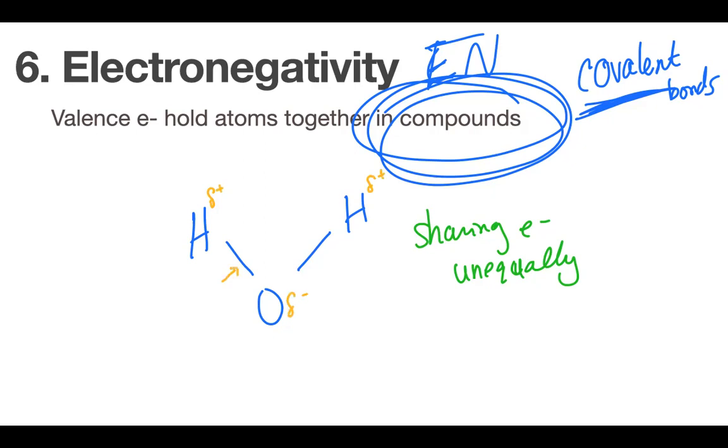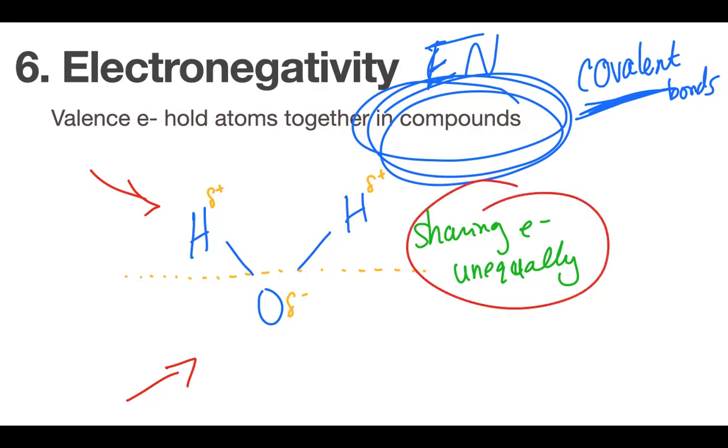You look at each bond separately, but because they're exactly the same between oxygen and hydrogen, they have the same result. If you divide the water molecule down the middle, you have two opposite sides or poles. So sharing electrons unequally results in polarity.